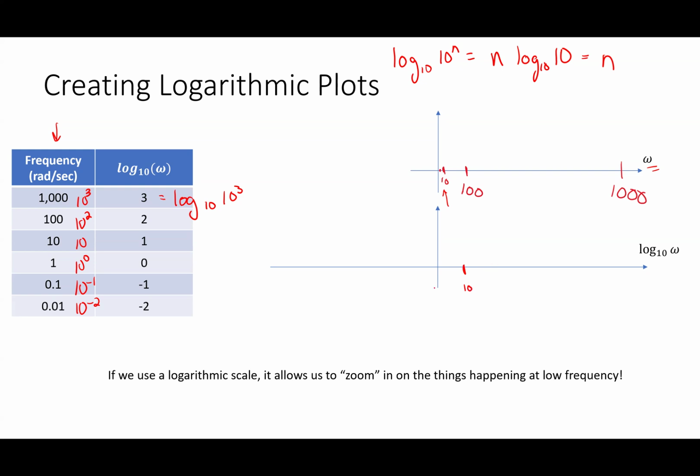This would be 1, this would be 2, this would be 3, 4, whatever. This corresponds to 100. This corresponds to 1,000. This corresponds to 10,000. This corresponds to 100,000, like that. So it gives us a way to zoom in on things to see what's happening a little bit better if we look at this on a logarithmic scale.